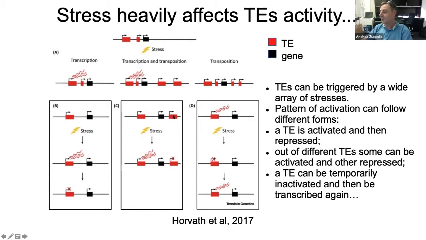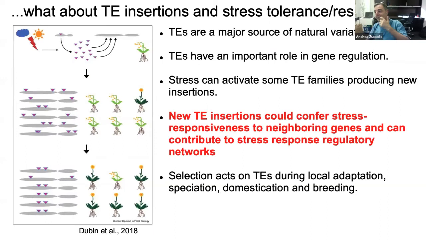Or here we have two different TEs. The stress activates one of the two and represses the other one. Or an already active TE can be repressed by stress and later on be activated. What is less known is how and if TE insertional variability can lead to stress tolerance and resistance in plants.